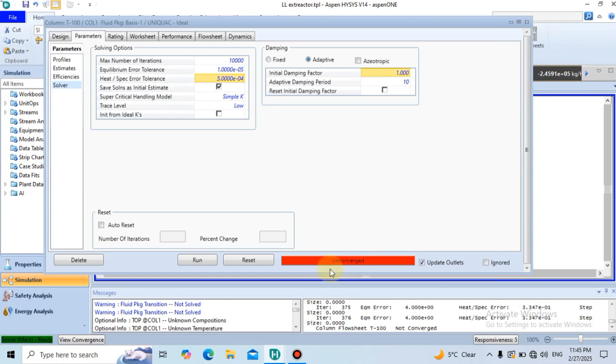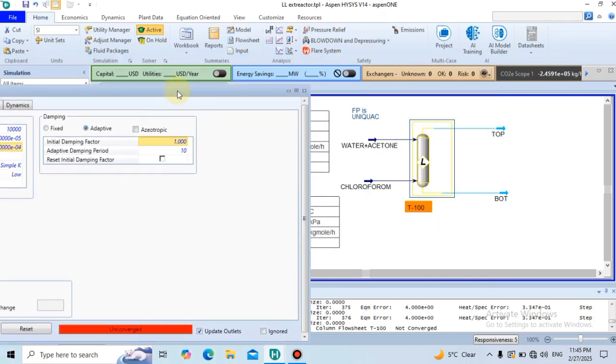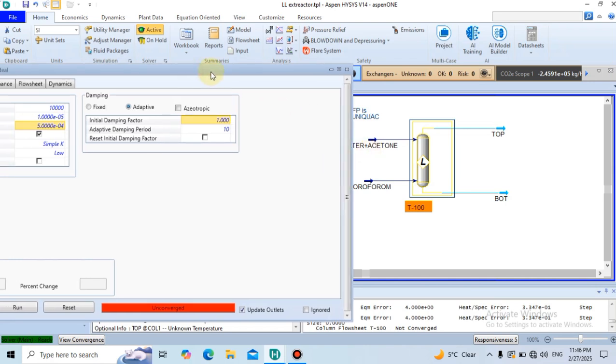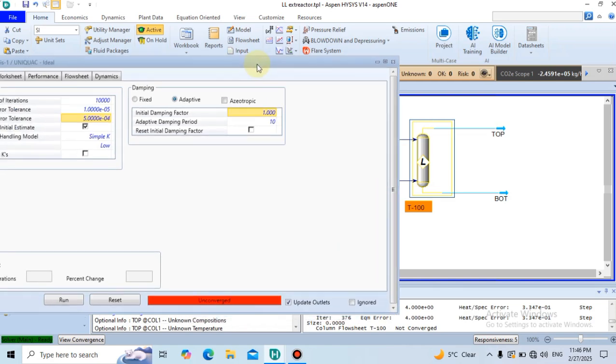So how can we address this problem? In this case we have water and acetone, and these two components are highly polar, so we have a problem of not running and converging.